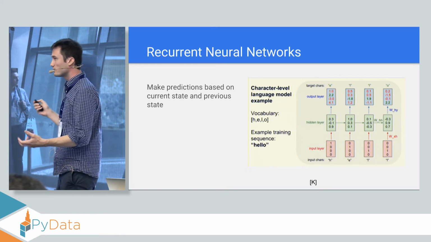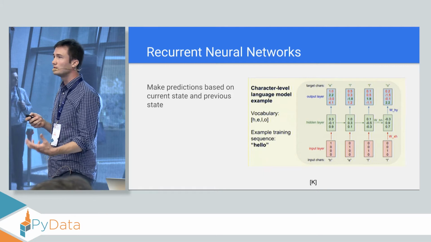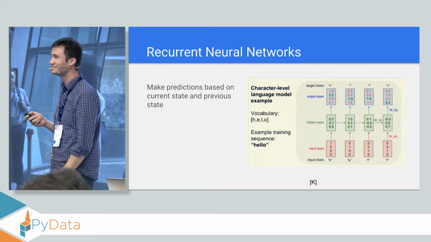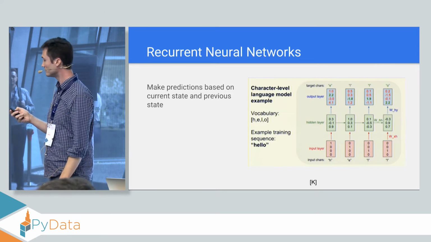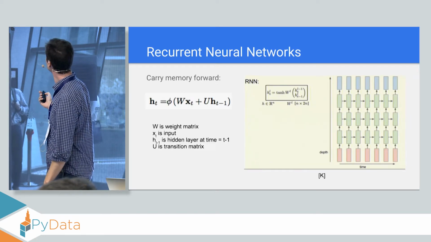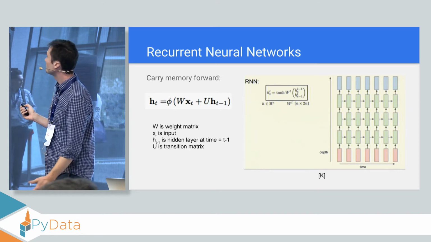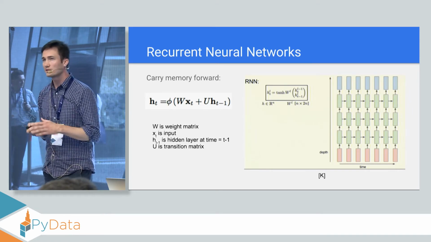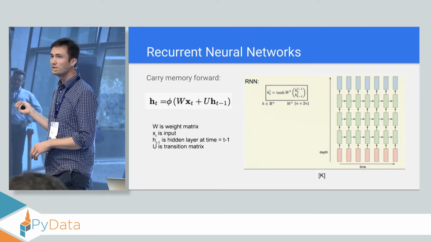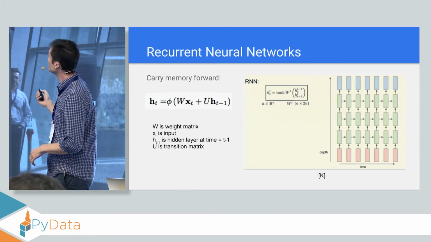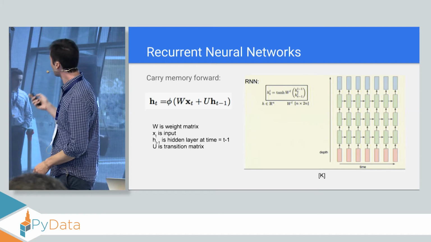So the hidden layer represents a kind of embedding that's useful for storing memory from previous learnings. Carrying the memory forward means an activation function applied to the weight matrix times the input, plus a transition matrix times the previous time state hidden layer.